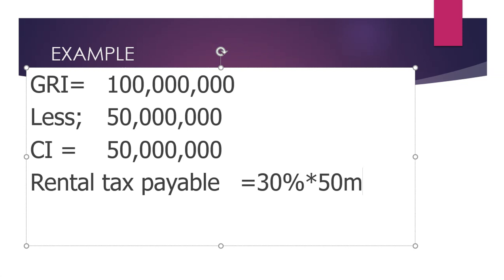That is how it works. 30% times 50 million will give us 15 million.